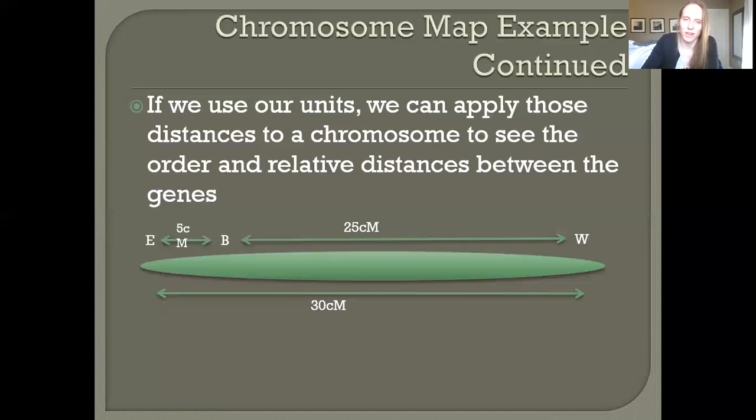So you might just have like a straight line, and then you would have E on one end, and then you would have your B, and then on the other end you would have your W. So something like that. Also, it doesn't matter if you write the letters on the top or the bottom. I don't know why I did some of them on the top and some of them on the bottom, but that's all it would look like.